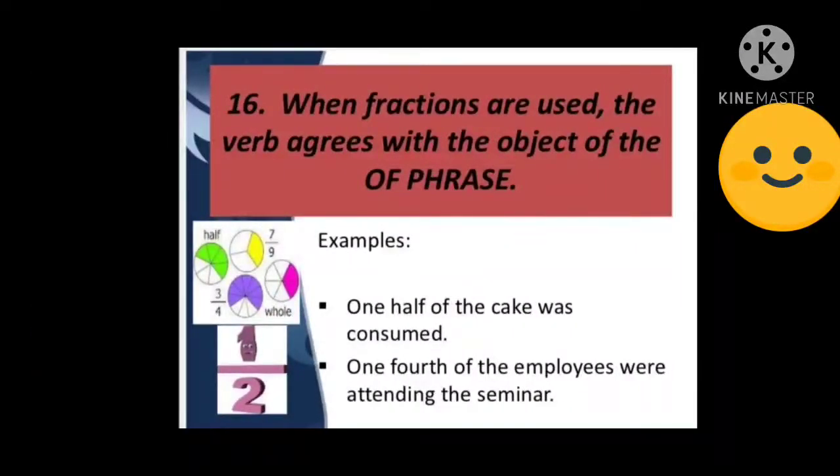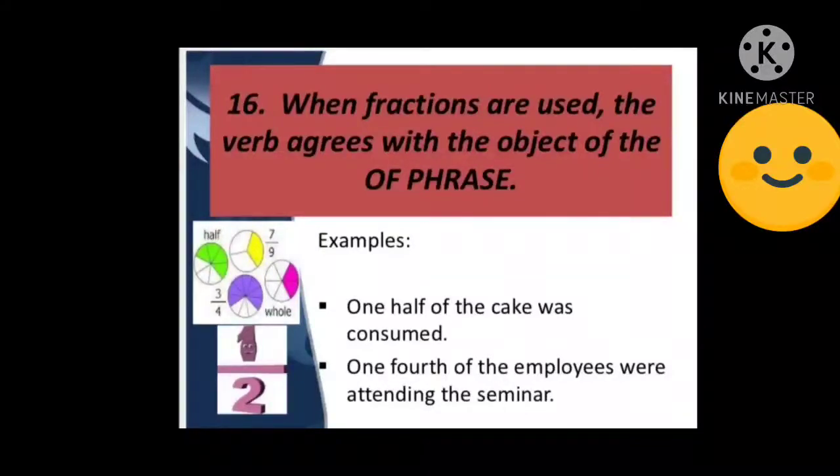Number 16, when fractions are used, the verb agrees with the object of the phrase. Example, we usually take 1/2, 3/4, 1/4, etc. 1/2 of the cake was consumed. So, 1/2 is considered to be a singular subject here, not plural.